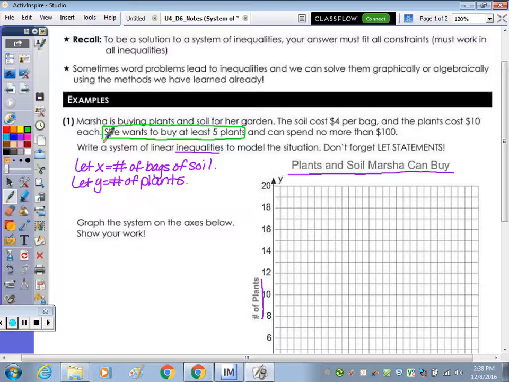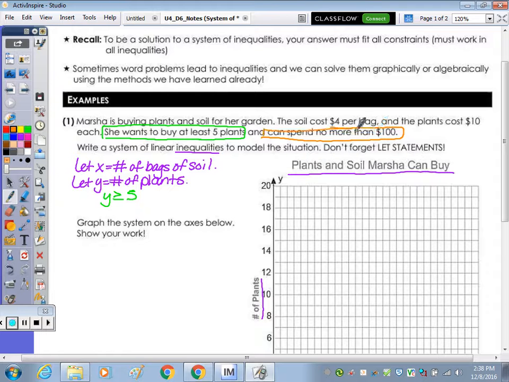The plants is the y. So according to 5, the y has to be at least. So that means the y can be equal to 5 or greater than.